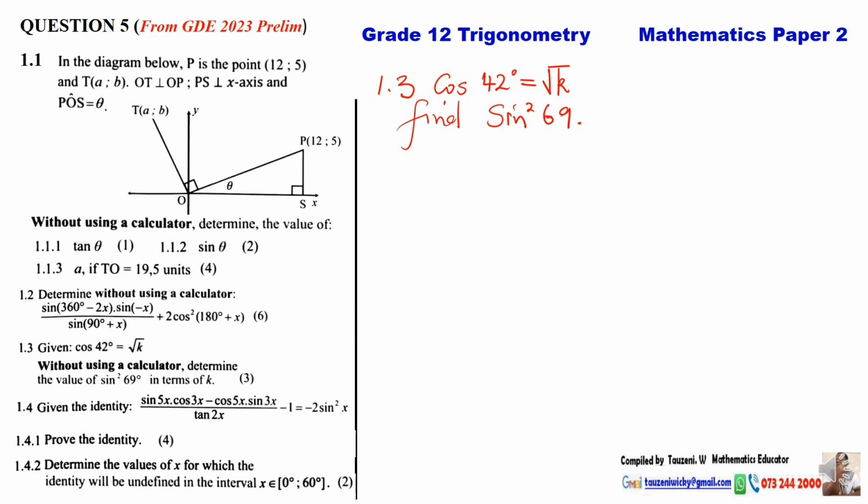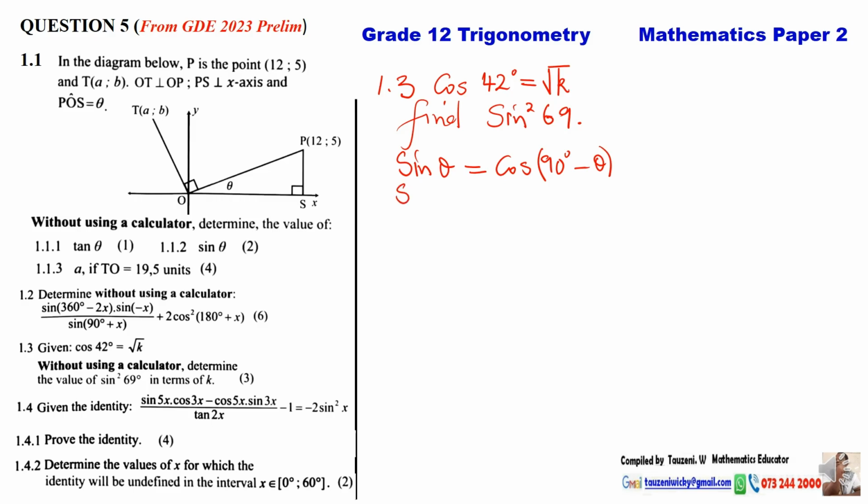Now, we know that in cofunctions, the sine of angle theta is equal to the cos of 90 degrees minus theta. Now, let's say theta is equal to 69.